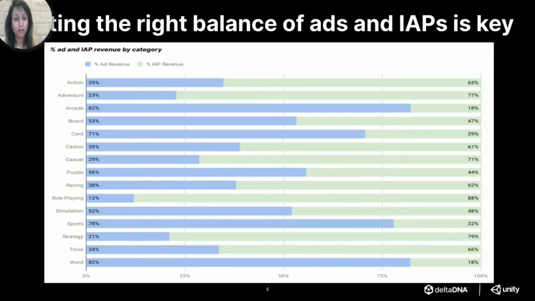Some genres obviously have higher than others, but we have worked with clients taking their games from 20% ad income to actually 60% ad income, making sure that the approach to ads is neither cautious nor aggressive, but just right, deploying ad strategies for specific segments.